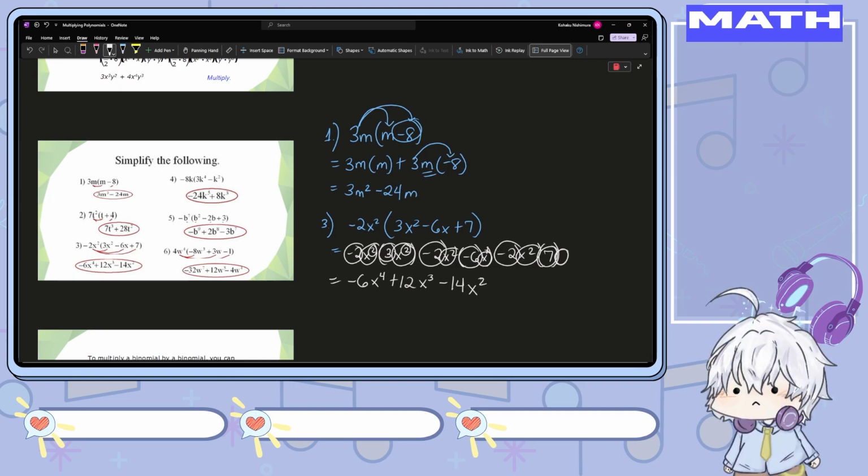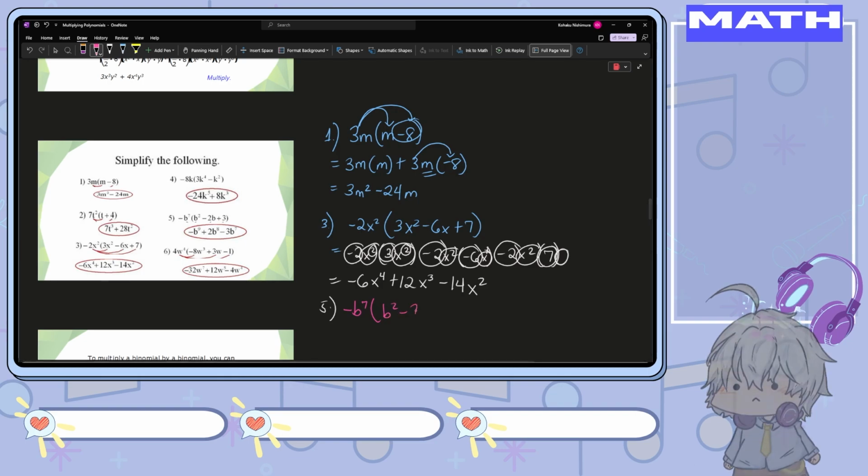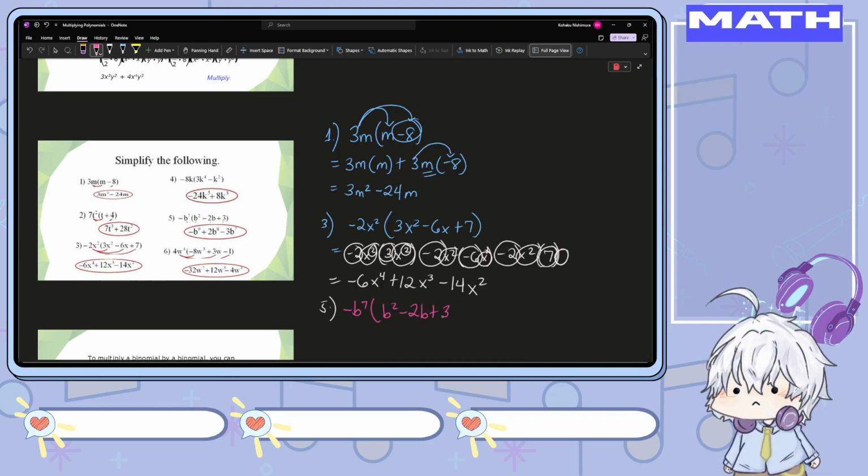Thus confirming that the answer to number 3 is negative 6x to the 4th plus 12x cubed minus 14x squared. The last value that we need to solve, so that you can solve for the other ones, is number 5: negative b to the 7 times the quantity b squared minus 2b plus 3.